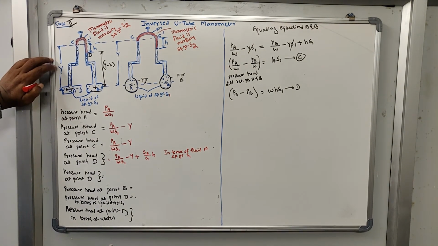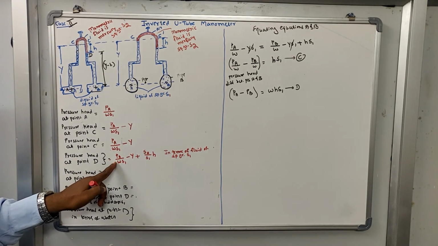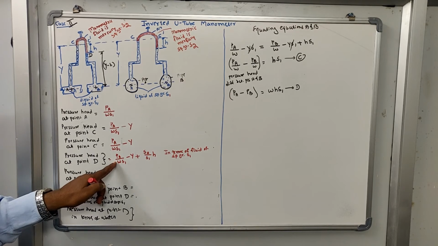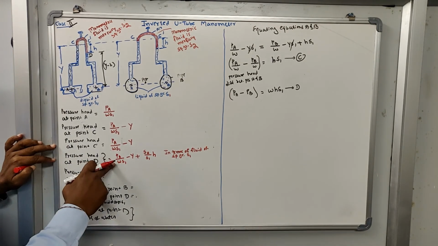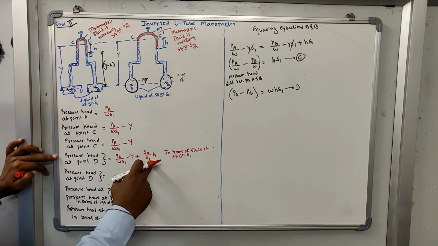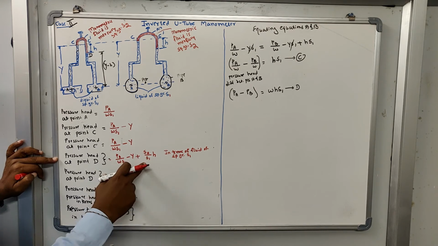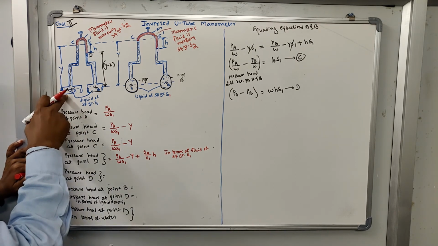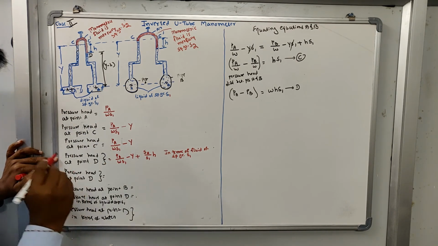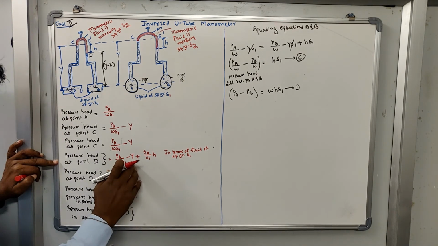Now if you want the pressure head in terms of water, you multiply by the specific gravity of the fluid flowing in the pipe, that is S1. Multiply this equation by S1.